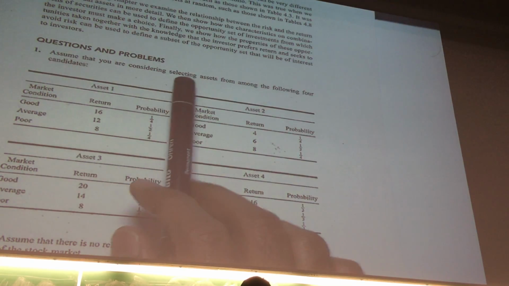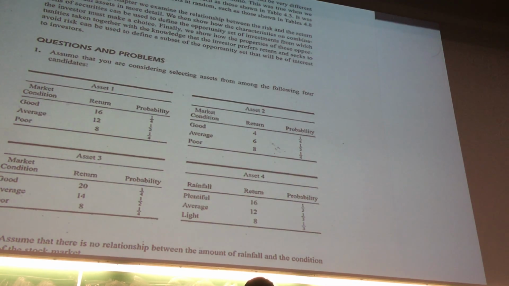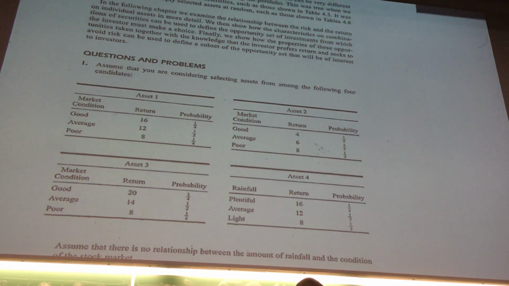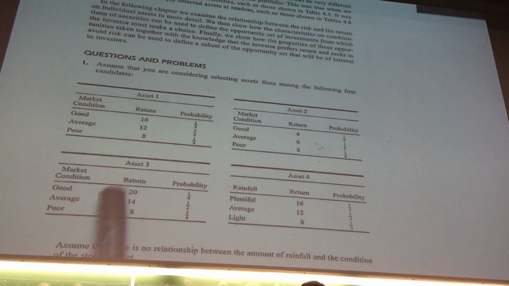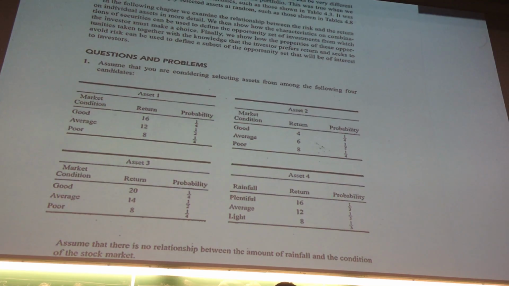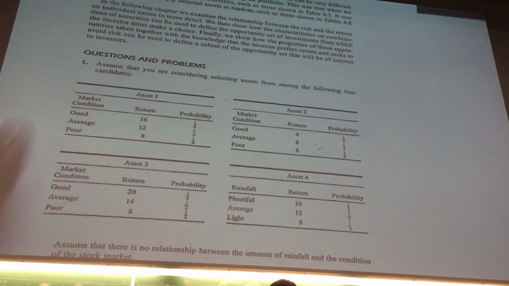Assume that you are considering selecting assets from among the following 4 candidates. So you have 4 assets. These are basically created problems, not from the actual data. Don't worry about the market condition and all sorts of things.